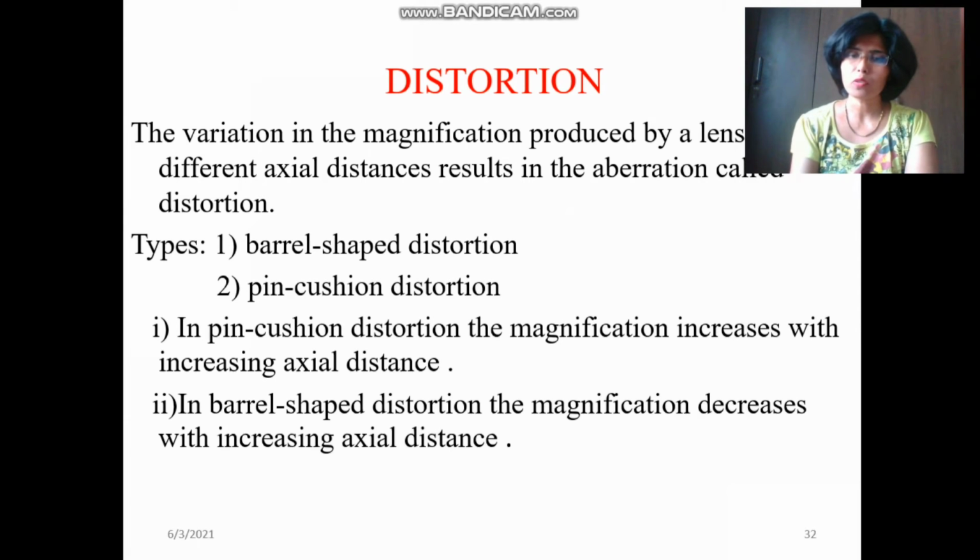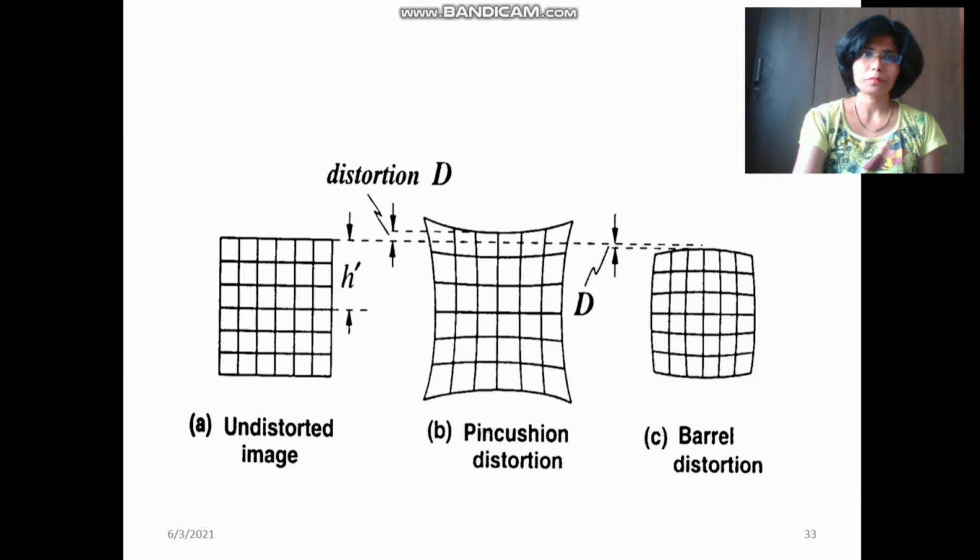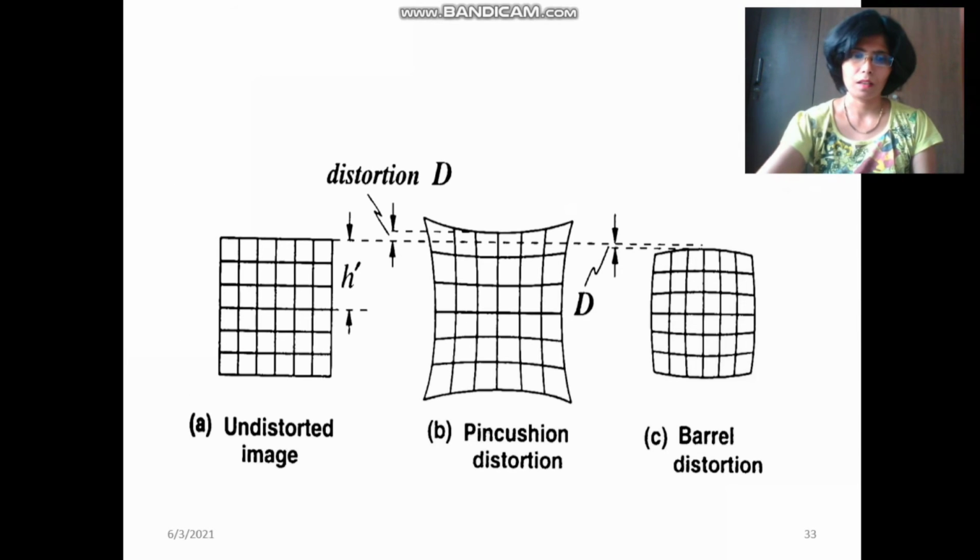In pincushion distortion, the magnification increases with increasing axial distance and the image of the object appears like this figure. But in the barrel shaped distortion, the magnification decreases with increasing axial distance and the image of the object appears like this. It must be noted that the image of an object in both cases may be sharp, but it is distorted.